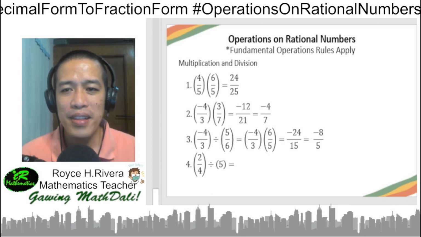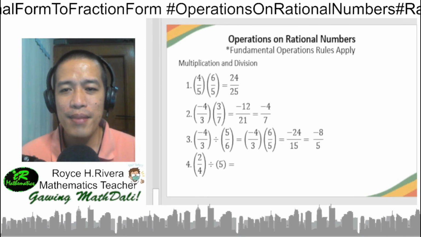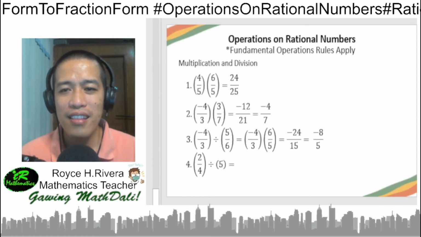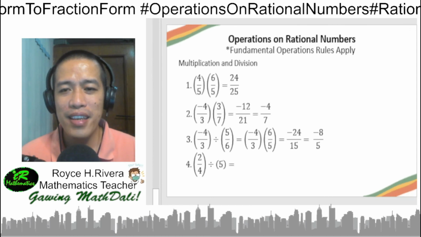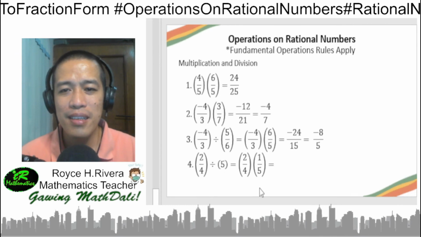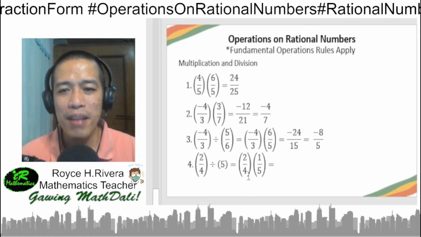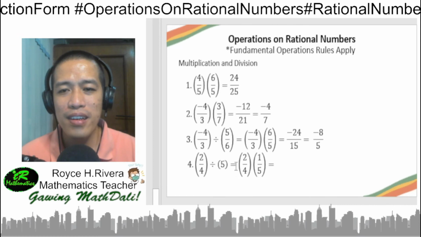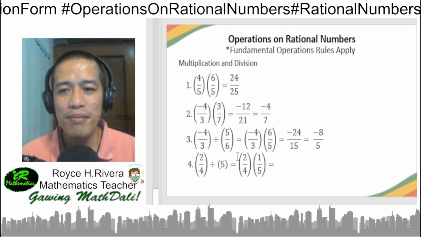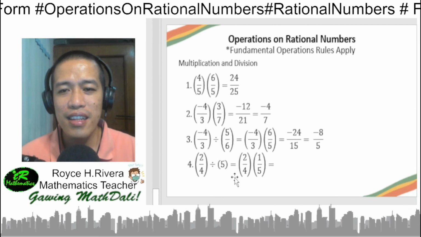Last example, item number 4, 2 over 4 divided by 5. So we get the reciprocal of the divisor. The divisor is 5. Its reciprocal is 1 over 5. Then multiply it by 2 over 4. Again, numerator times the numerator, denominator times the denominator.